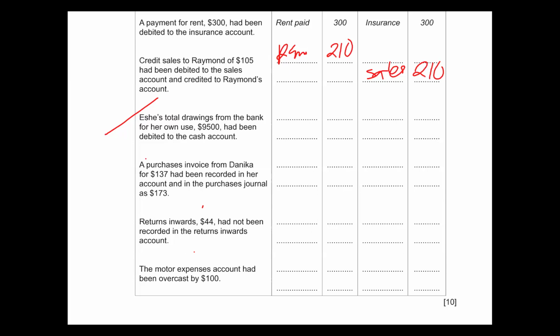All right. So there are some total drawings from the bank for her own use. You are drawing 9,500 for your own use, and you debit it to the cash account.